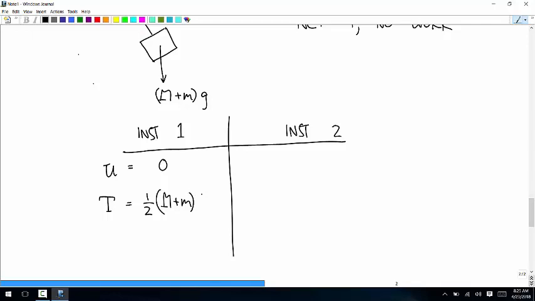Let's call this V intermediate, squared. We'll figure that out using the inelastic collision. So what's the potential energy at instant 2? Big M plus little m times g, 9.81, let's leave that as g, times h. And what's the kinetic energy at instant 2?